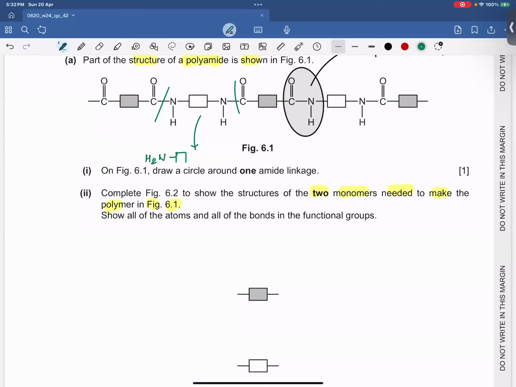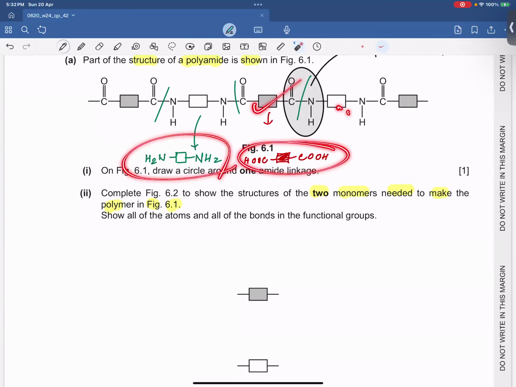Obviously, this polymer is going to be like this. NH2, this bond, and NH2. Okay. Break the bond from here also. Obviously, from this, you will get COOH, this box, in fact the shaded one, and this COOH. So technically, you are getting dicarboxylic acid and diamine in order to make this polymer.